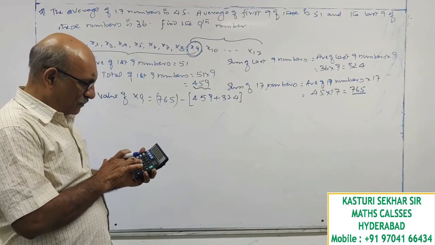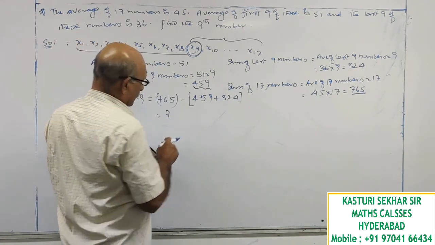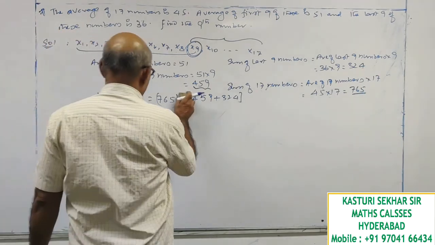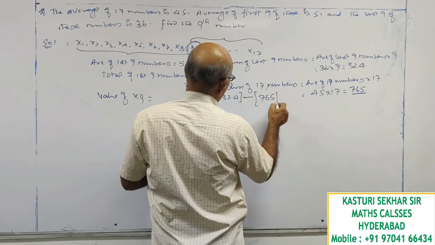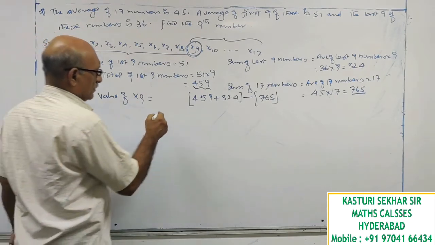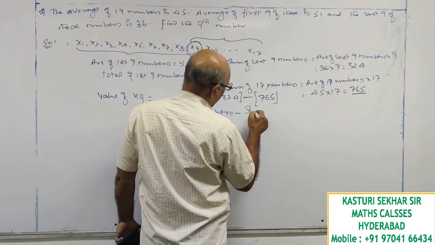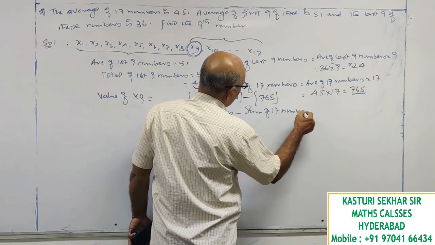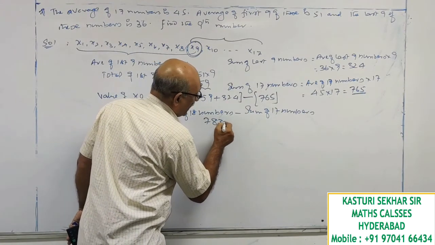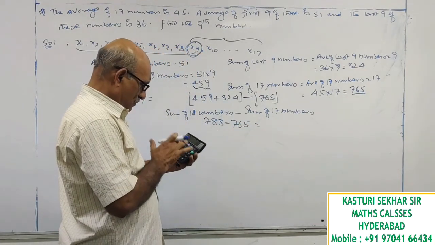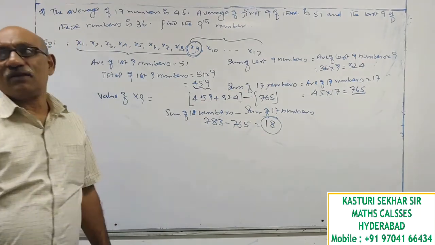So 459 plus 324, 783, minus 765. Sum of 18 numbers minus sum of 17 numbers. 783 minus 765, 18. So this number is double counted, that value is 18.